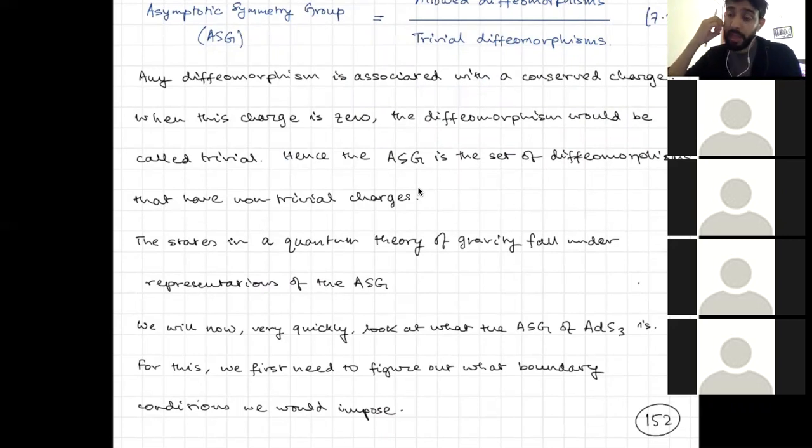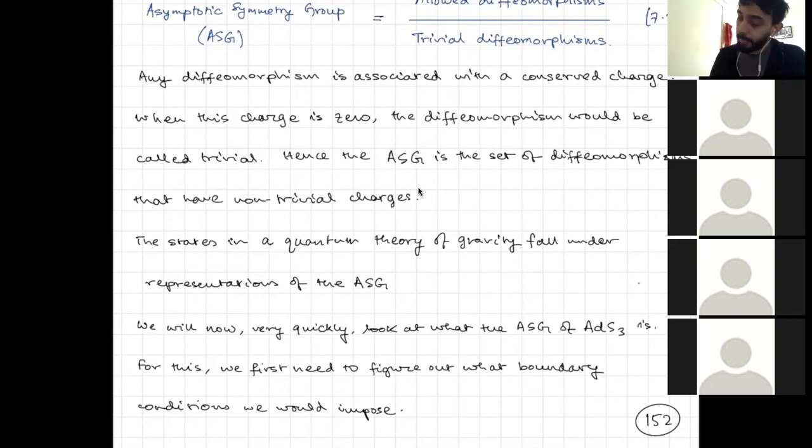For this we first need to figure out what are the boundary conditions we need to impose. Again, there will be some words I will not be in a position to explain, but I will try and send you some more references for those of you who are interested to read more.